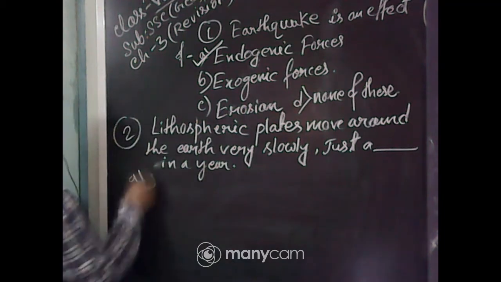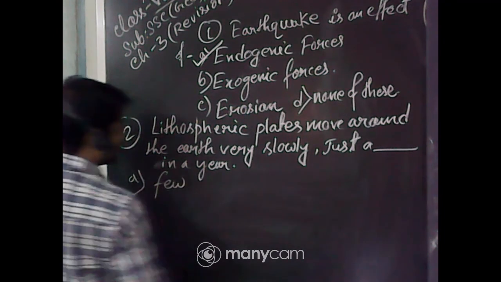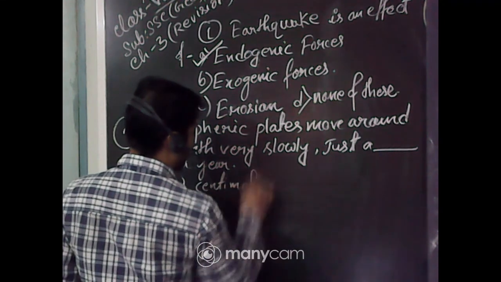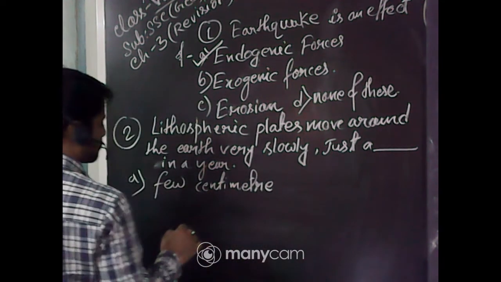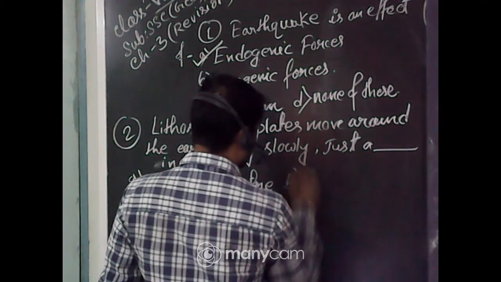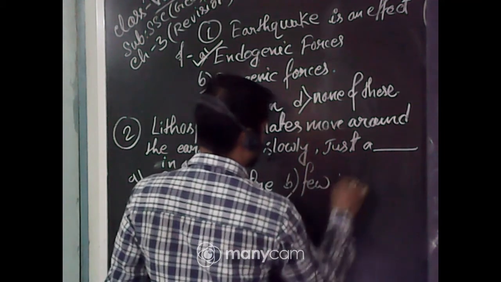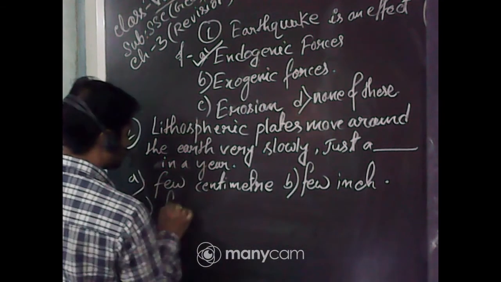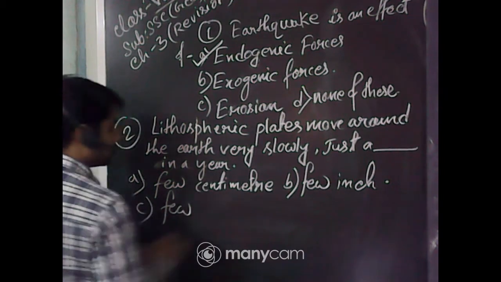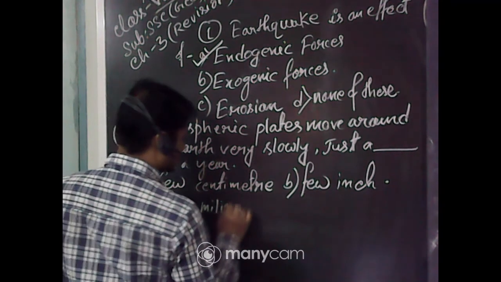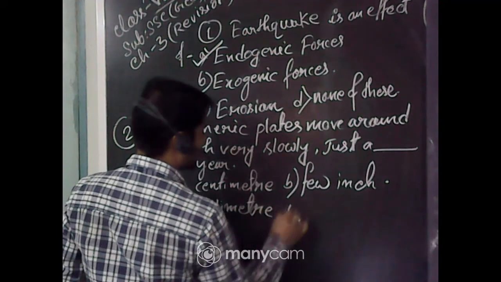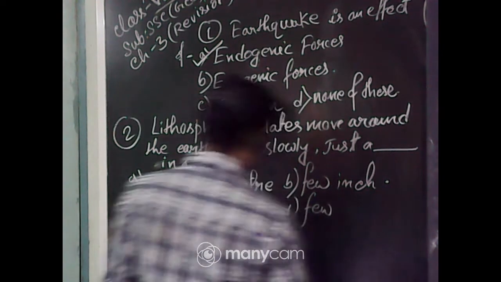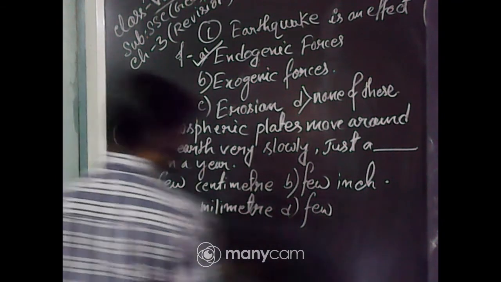Okay, the correct option is A, few centimeter. B, few inch. C, few millimeter. And D, few kilometer.